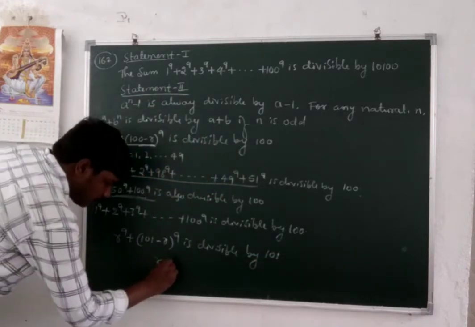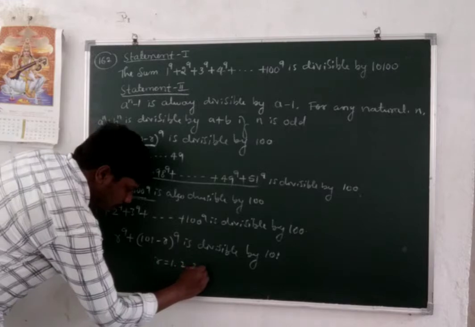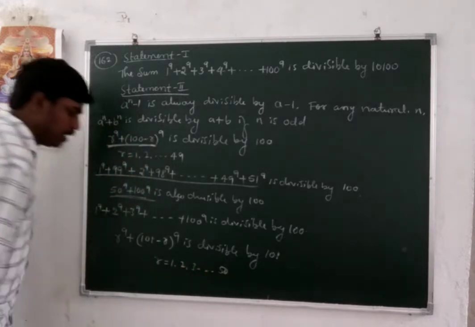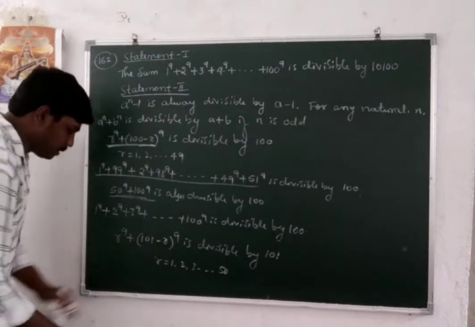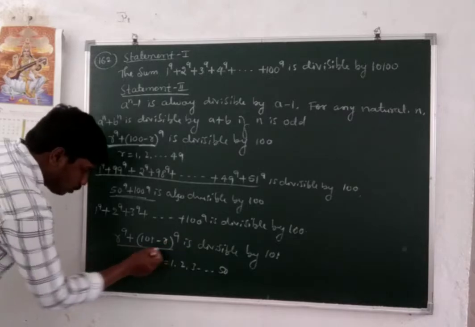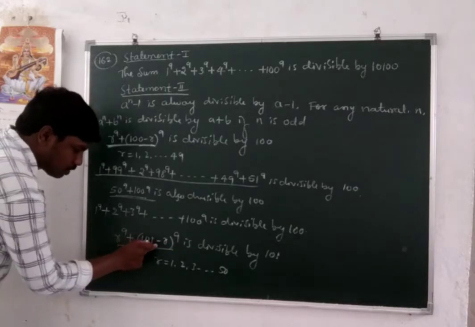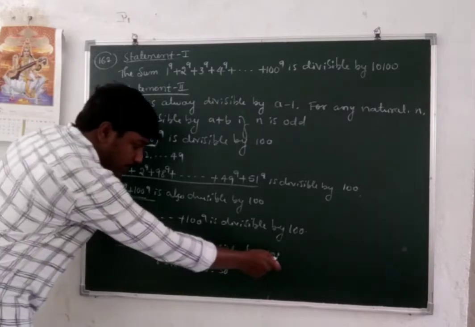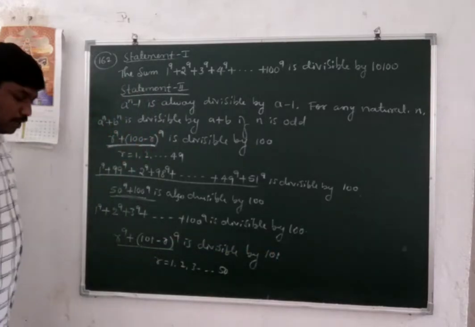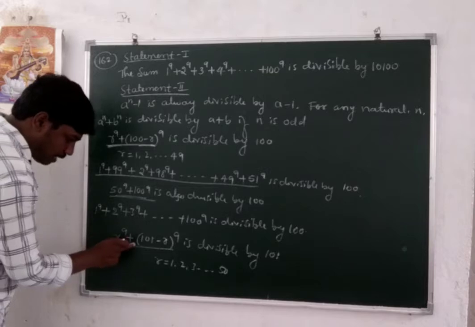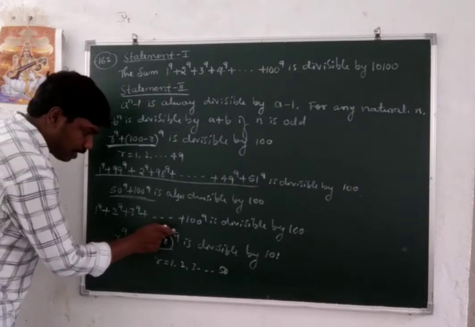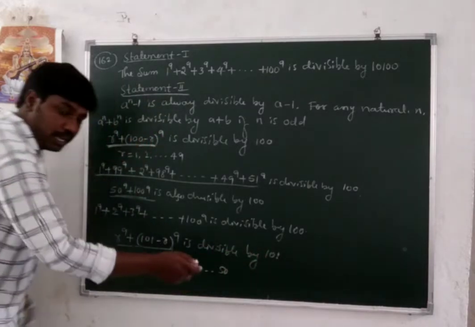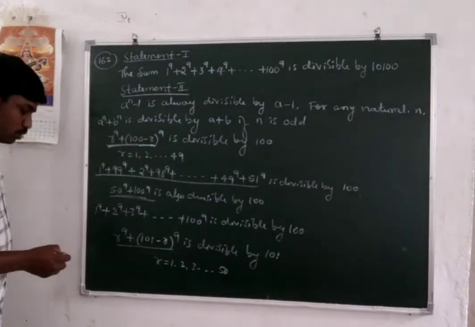So r running from 1 to 50, for r equal to 1, 1 power 9 plus 100 power 9 is divisible by 101. Next, 2 power 9 plus 99 power 9 is divisible by 101. So the sum is also divisible by 101.